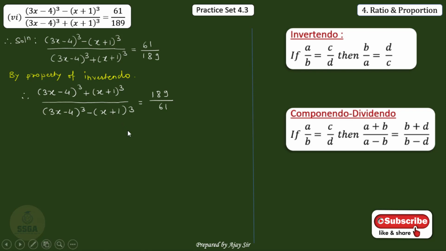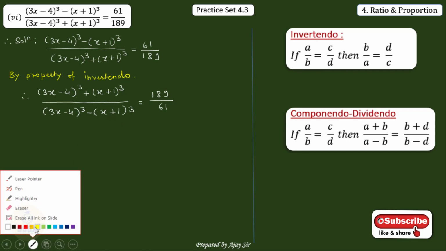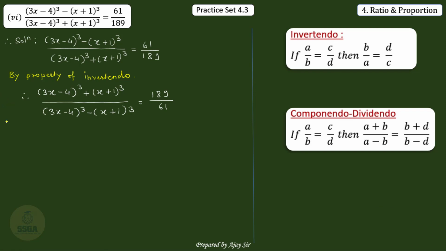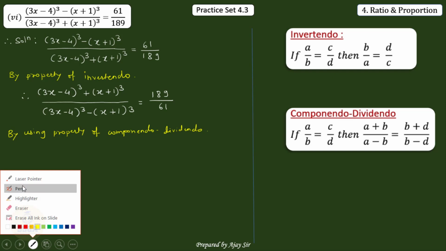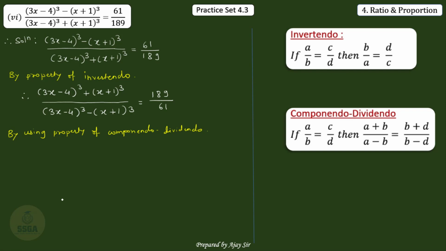For a divided by b, in the numerator we write a plus b, and in the denominator we write a minus b, where a is our numerator and b is our denominator.